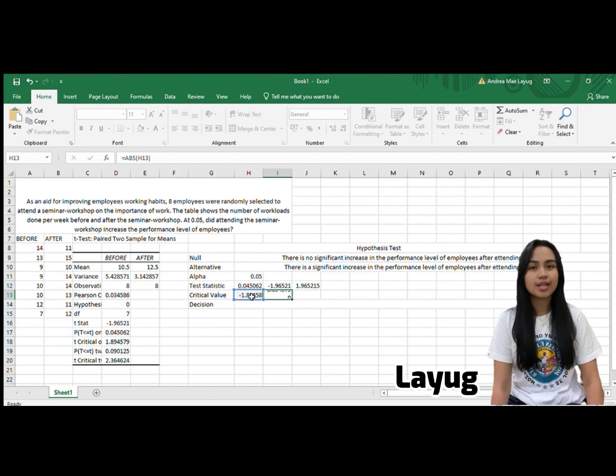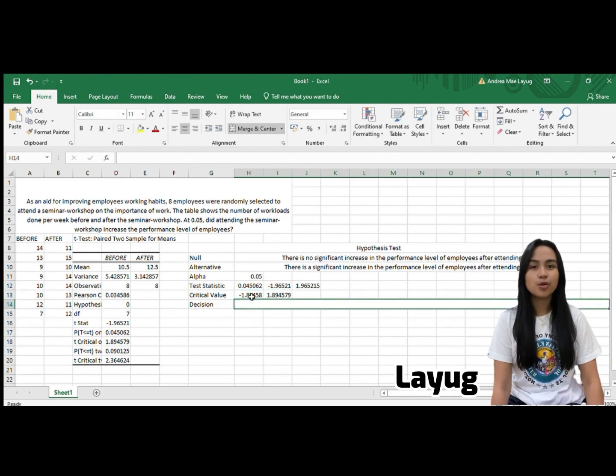So we compare them. We reject H0 if the computed value is greater than the critical value. In this case, you will notice that the approximate value of the test statistic, 0.97, is less than 1.89, so that means we fail to reject the null.